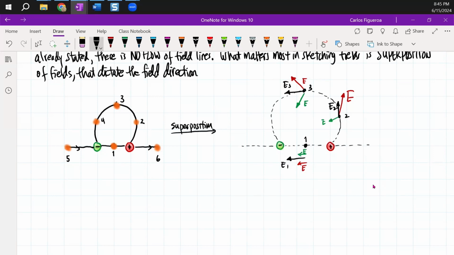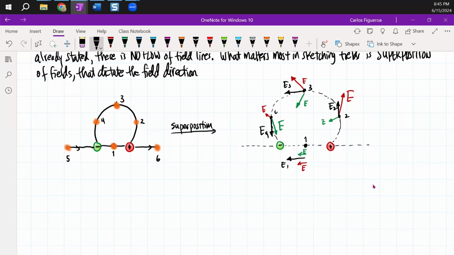And if I pick this point right here, again, the green has to be larger because it's closer, so it's got to go straight towards this guy. But then the red has to be pushing it away, but only by a tiny amount.